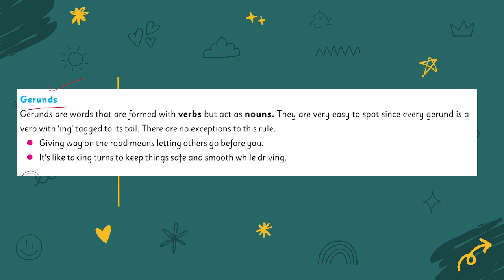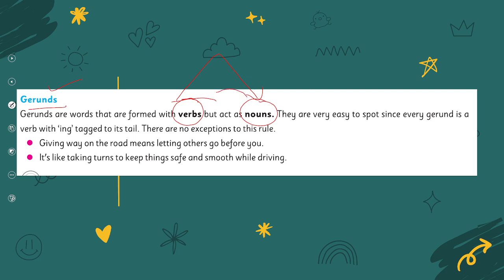So in grammar, my dear learners, gerunds are words that are formed with verbs but act as nouns. So it means these are the words that when you look, you will say that these are verbs. But what they are doing is they are actually acting as nouns over here. They are verbs but acting as nouns.